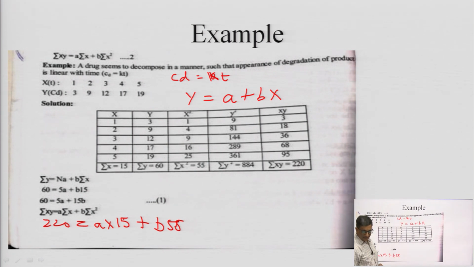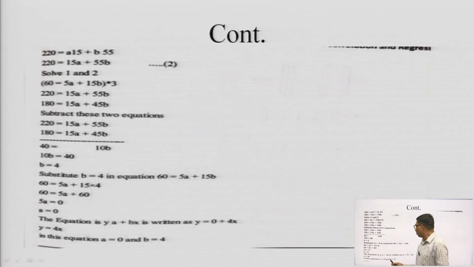On rearranging, the second equation is 220 equal to 15 a plus 55 b.